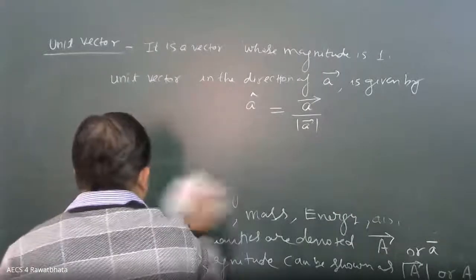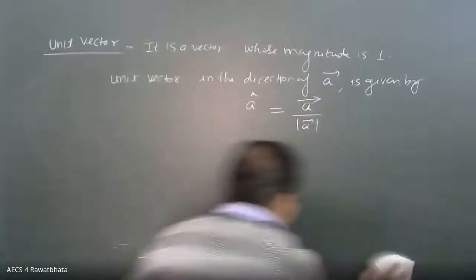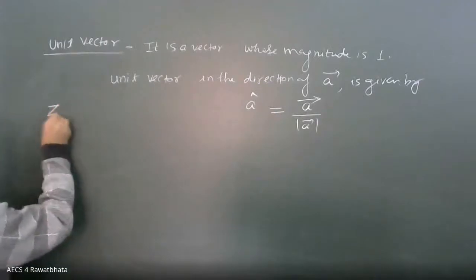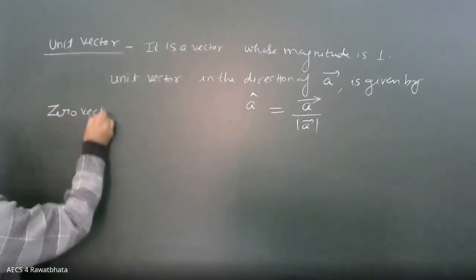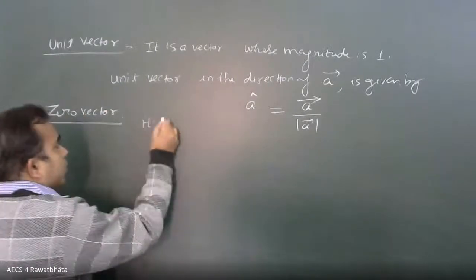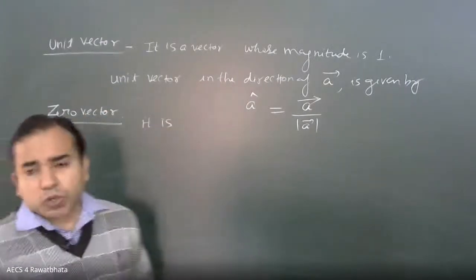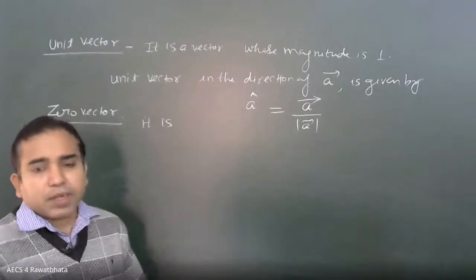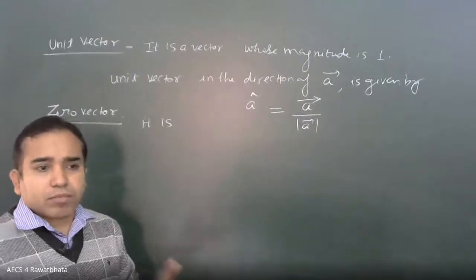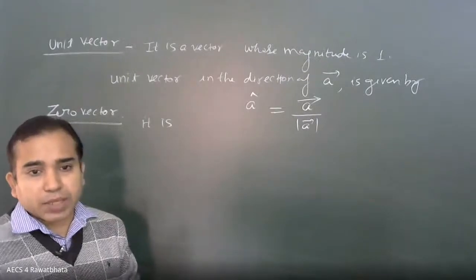One term we use multiple times is zero vector. Zero vector means what should be the direction, but we learn it only as a concept. Zero vector means when magnitude itself is zero, what is the sense of direction?